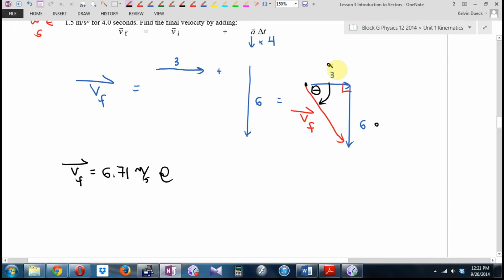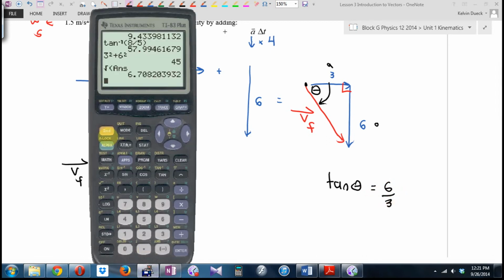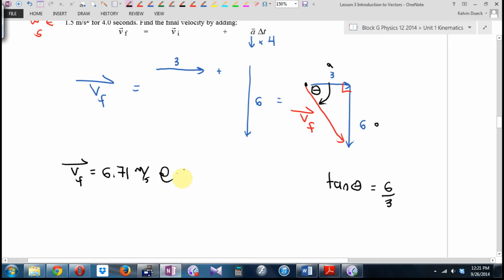Which trig function, again? Usually going to be, not always, but usually, opposite over adjacent. I get a theta of 63.4 degrees.